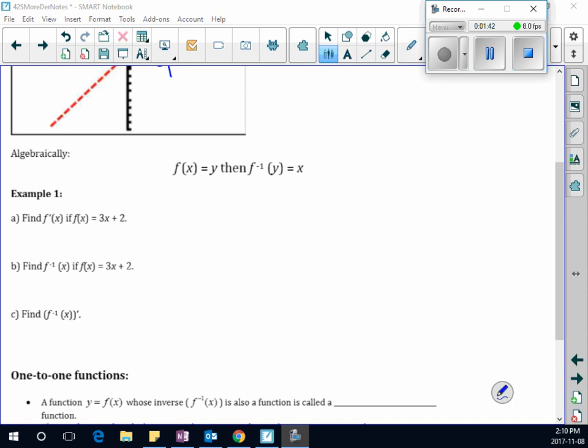Well, actually, first we're finding the derivatives. F prime of x is not the inverse function. That's the derivative. So f prime of x is equal to 3. Everybody understand that part? How do we find the inverse of that?